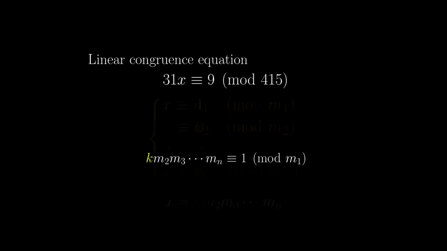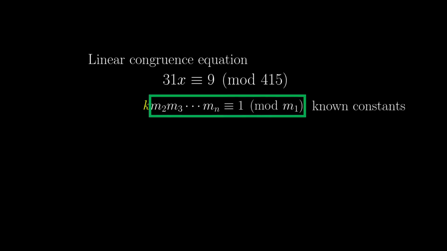For this equation, everything in white is known constants, and we need to solve for k. This is basically in the form ax congruent to b modulo m, where we need to solve for x, which is exactly the linear congruence equation we want to solve.